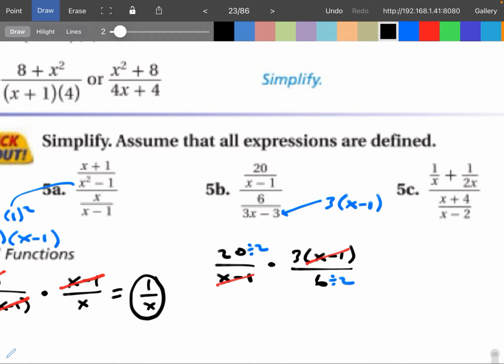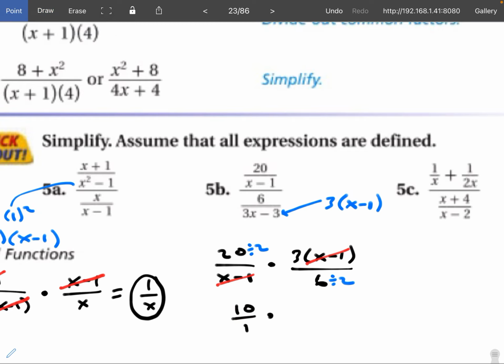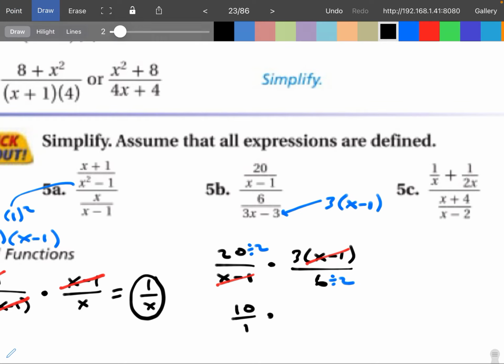So now what do you got left? Well, the numerator of the fraction on the left is 20 divided by 2. That's a 10, right? Everything canceled out on the bottom. That's a 1. And then on the fraction on the right, the numerator is just 3 times 1, so that's just 3.